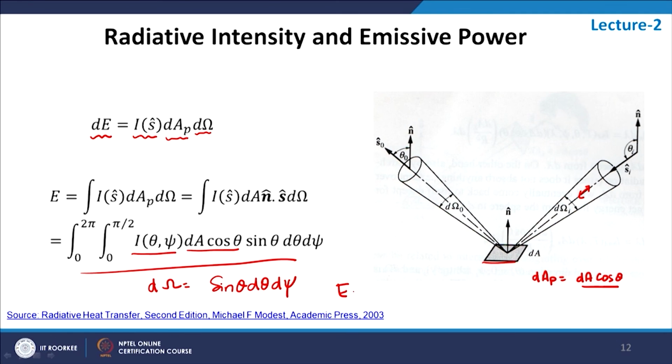So, black body emissive power will be equal to intensity taken out, because it is not a function of theta and psi, and then we just integrate cos theta sin theta d theta d psi, and this will be equal to pi times I b. So, black body emissive power and black body intensity are related by E b equals pi I b. We will go into this detail again.